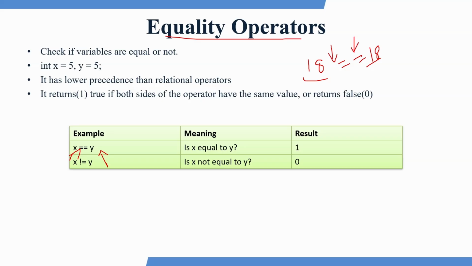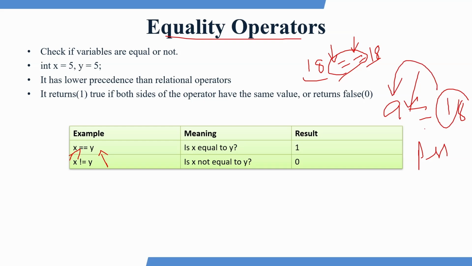If you just put a single equal to 18, in C this is called the assignment operator, which stores the value on the right side into the location mentioned on the left side. The left side cannot be a number.